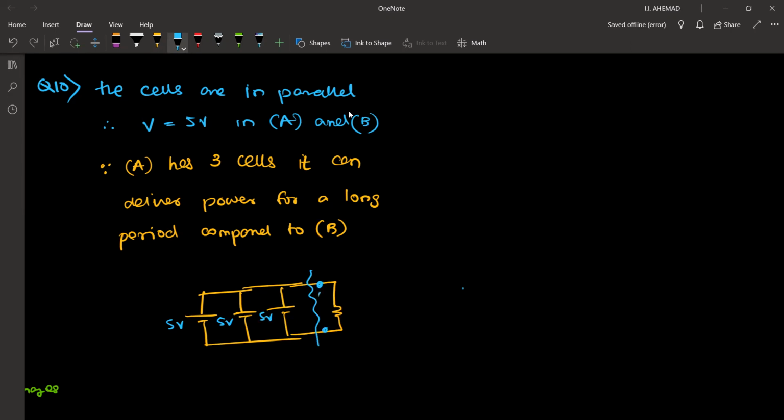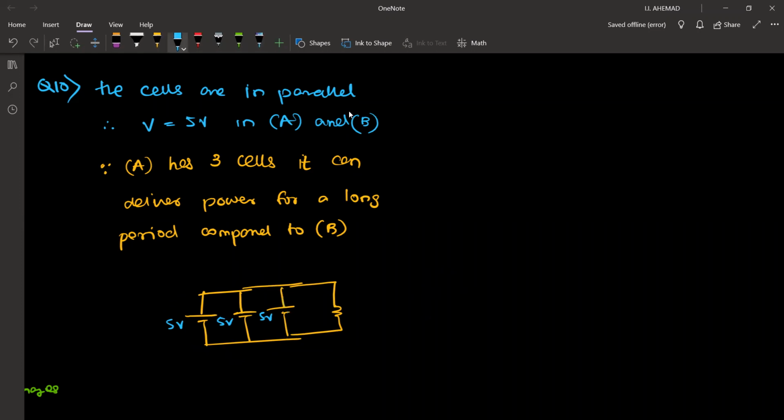That is the terminal voltage. It will be identical, right? Sorry, not the terminal voltage, the EMF. The EMF of these 3 identical cells still will be 5.